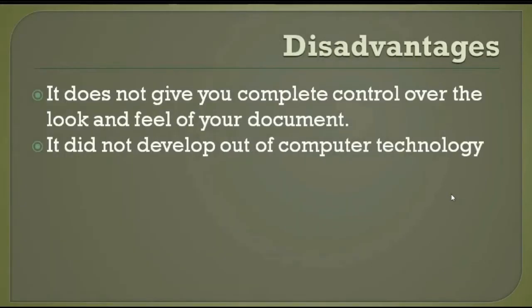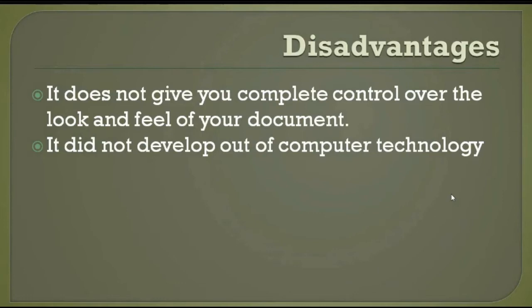What are the disadvantages? You can't have complete control. So the look and feel of your document you can't control. Sometimes it interferes, like saying this is not the spelling, while you are doing the spell check.